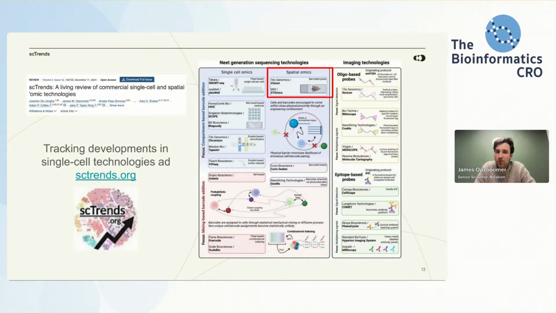This summarizes the historical development in spatial omics technologies, as well as some of the analysis packages available. And we also comment on these developing spatial technologies in real time, since it's such a fast-moving field, at our blog sctrends.org. So I encourage you to check it out if you're able to.